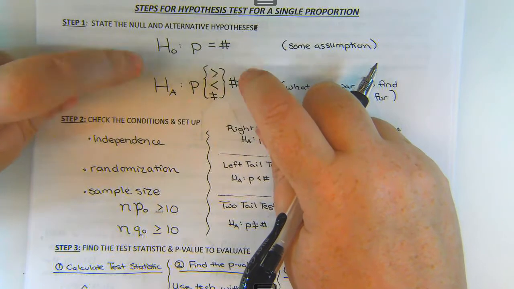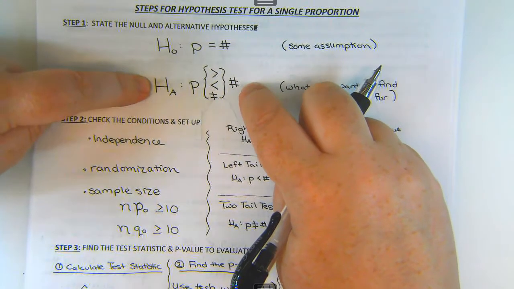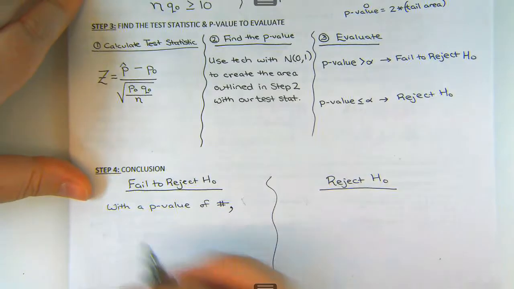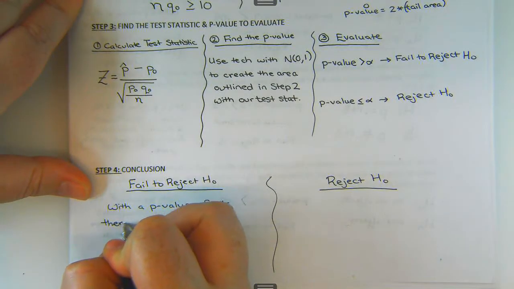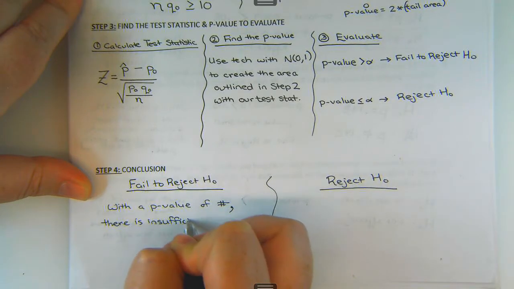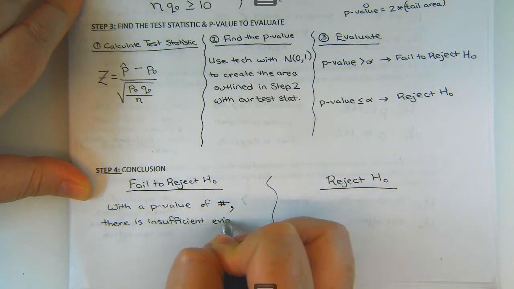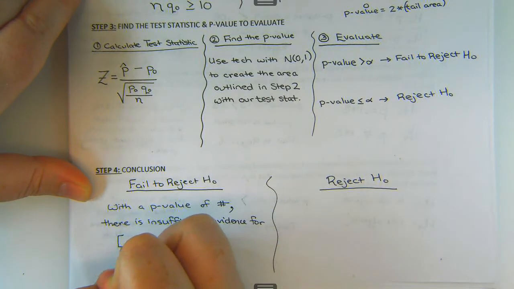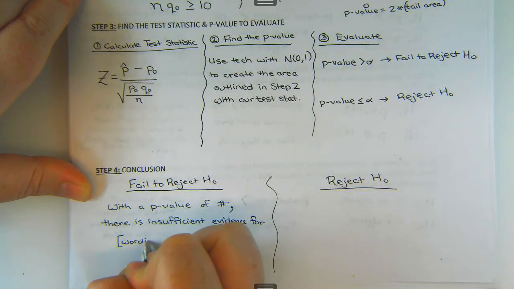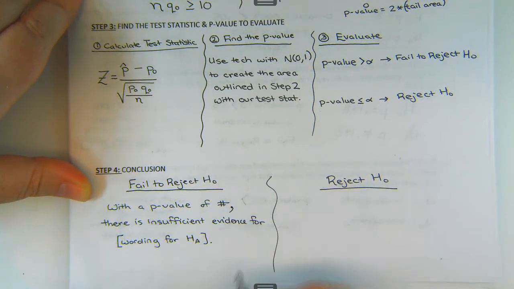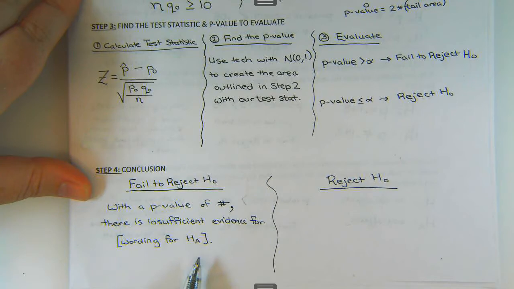So this is where we bring in the wording: there is insufficient evidence for, and then we finish with wording for the alternative hypothesis, using the wording from the question itself to piece together in context what goes right here.